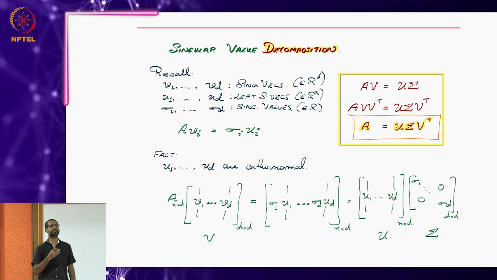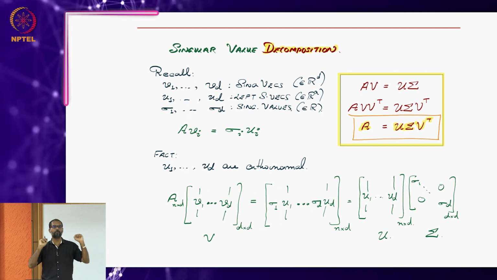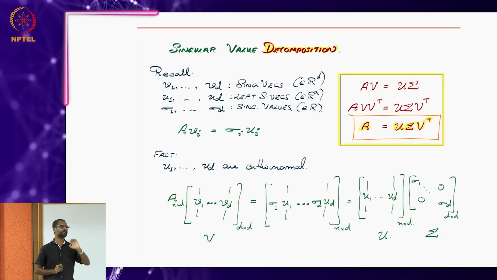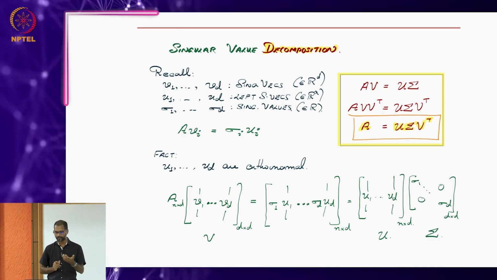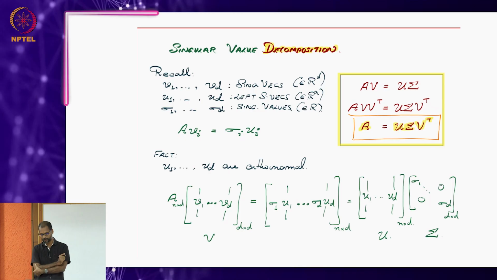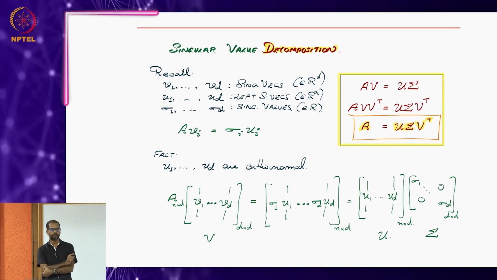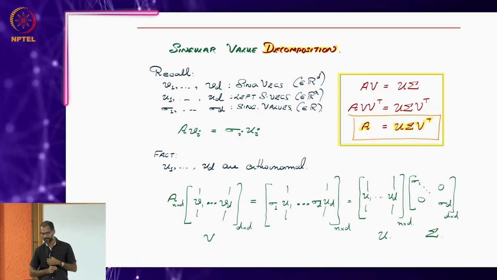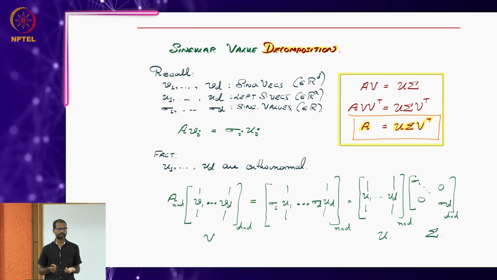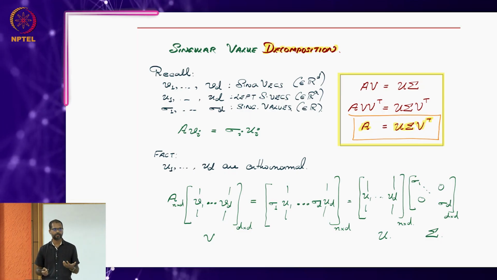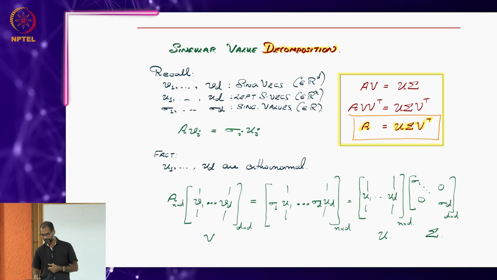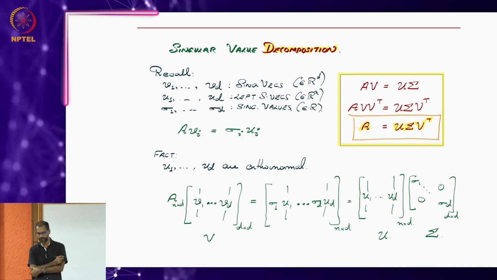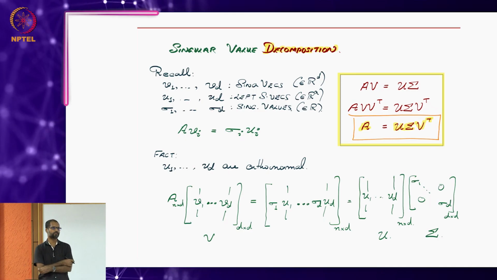So any linear transformation can be decomposed into 3 such operations, and that is where the name decomposition comes from. Now let us go back to our matrix A. Whether you think of it as an operator or a data matrix, both are fine. Let us see how we can write it as a composition of 3 operators.